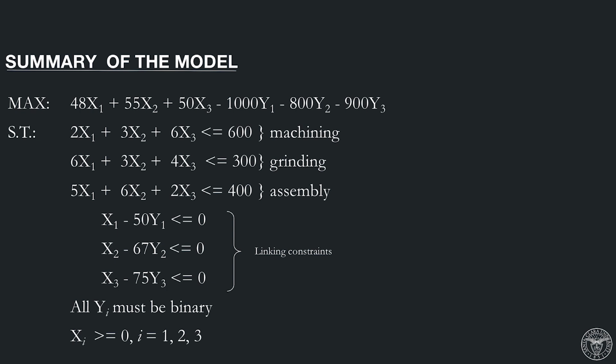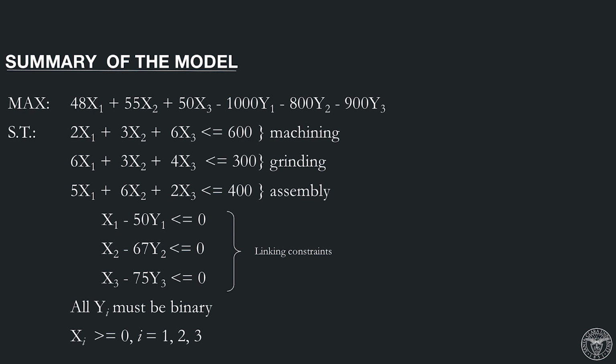At the same time, we have the three linking constraints, which are x1 minus 50 times y1 less or equal 0, x2 minus 67 times y2 less or equal 0, and x3 minus 75 y3 less or equal 0. We do have the non-negative constraint, but at the same time, we have the yi must be binary decision variables.